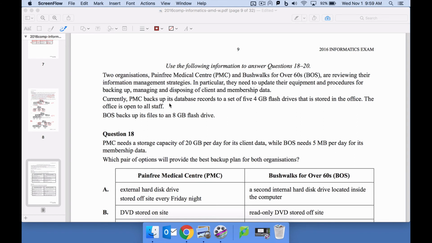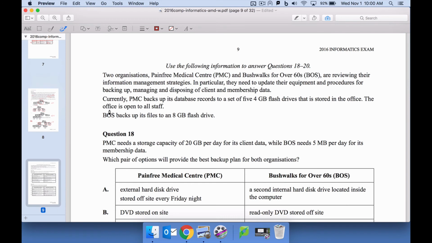Currently, PMC backs up its database records to a set of 4 gig flash drives that is stored in the office. The office is open to all staff. That rings bells already. BOS backs up its files to an 8 gig flash drive. So we can assume that they're probably doing something similar here too.